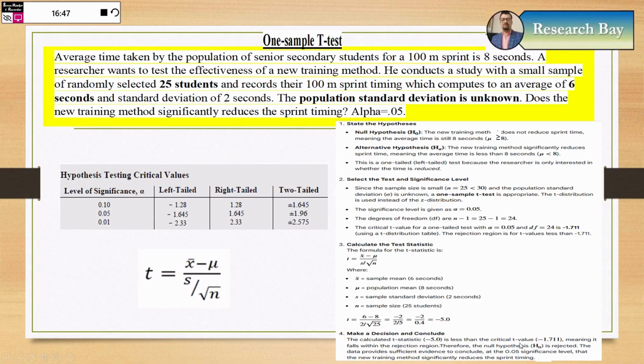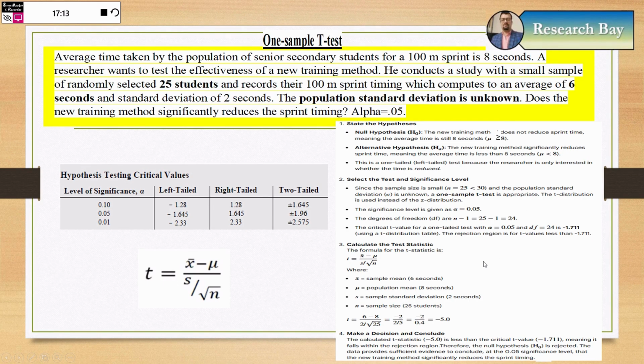It is less than the critical value of minus 1.711, meaning it falls within the rejection region. Therefore, the null hypothesis is rejected and the data provides sufficient evidence to conclude at the 0.05 significance level that the new training method significantly reduced the sprint timing, as mentioned in our alternate hypothesis also.